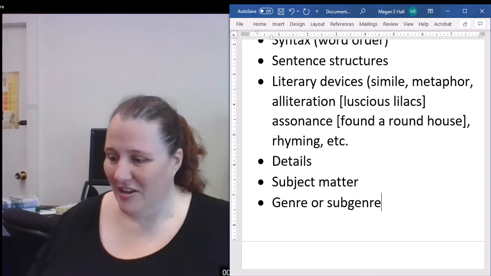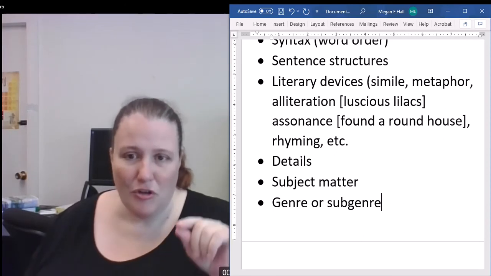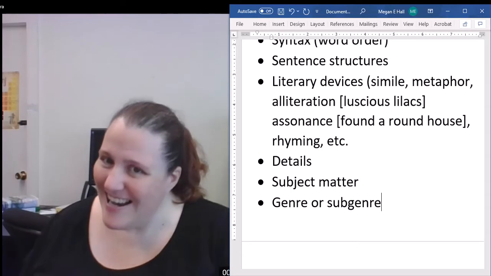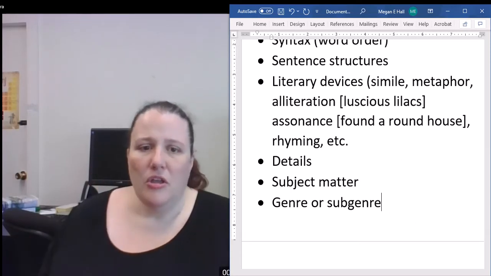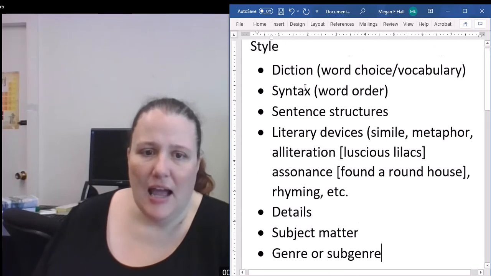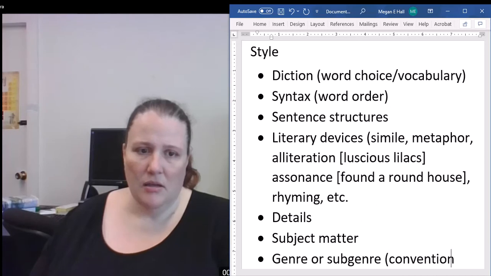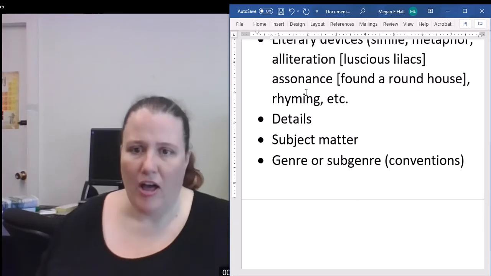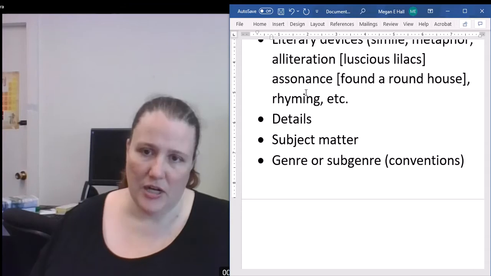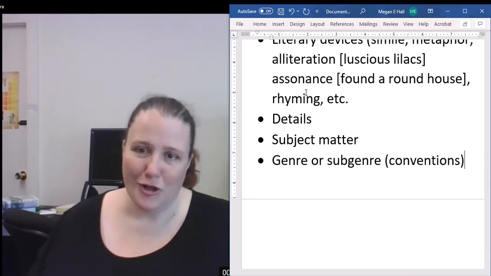I talked earlier this term about someone who writes Christian or inspirational romantic suspense. That's a very niche category, right? So the thing about your subgenre is that there are certain conventions, certain things that you're going to kind of have to pay attention to and follow. So a cozy mystery typically features a female amateur detective.